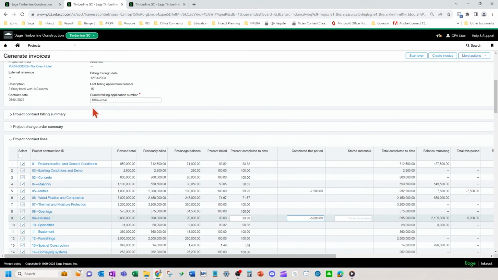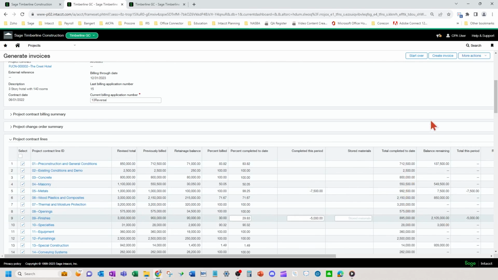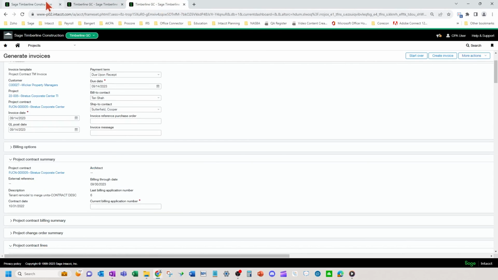If you have to fix one, you then have to fix the subsequent ones as well. So your total completed to dates work out. So a little more complex if a customer is paid or there's an adjustment that needs to be made and you need to go backwards in time a few months, a little more difficult.